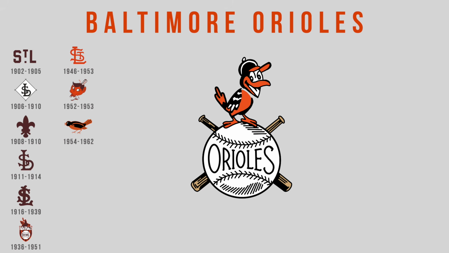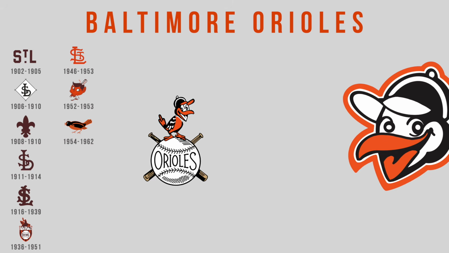The team's website primarily focuses on the team cap and uniforms as the official logos, so I'll only hit on a couple of the logos used by the team in print and focus more on the logos outlined by the Orioles organization. The Herzl bird is a cartoon depiction of an oriole standing on a baseball with crossed bats behind it. Across the face of the baseball is the team name Orioles.